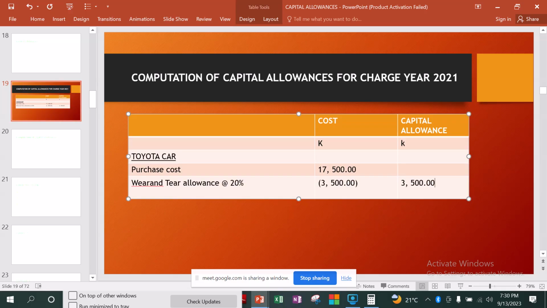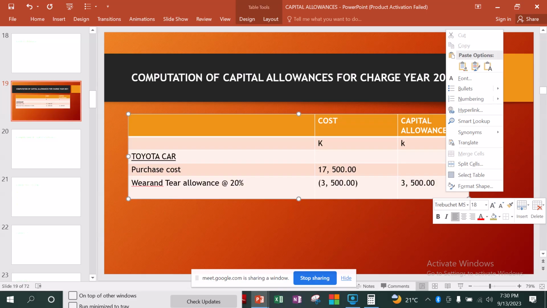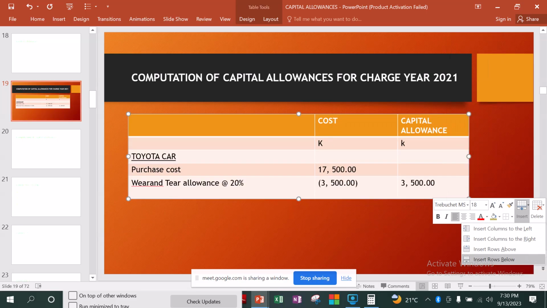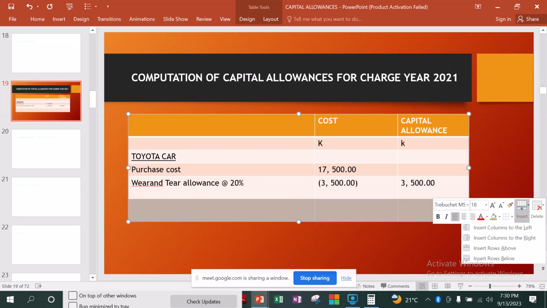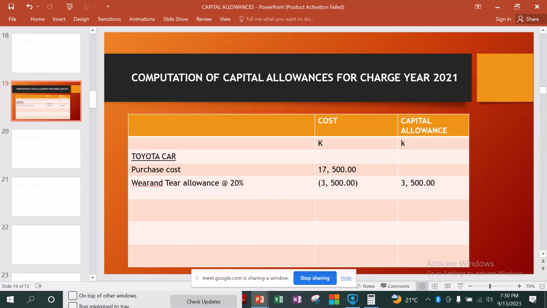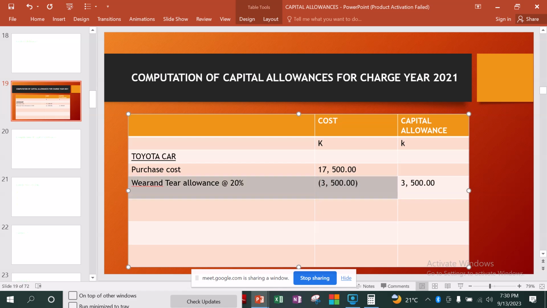Okay. There we are. Let's add some row below. So now what we have, when you remove this 3,500, you are going to remain with 14,000.